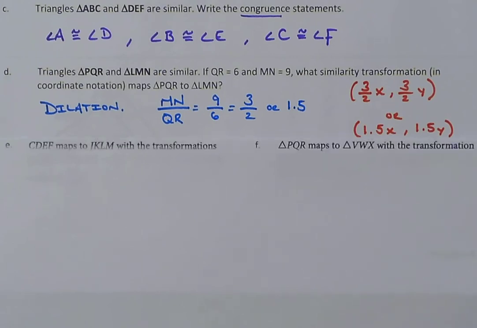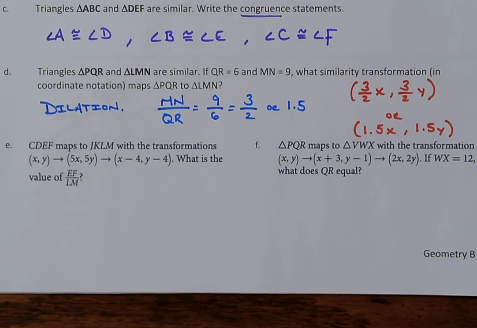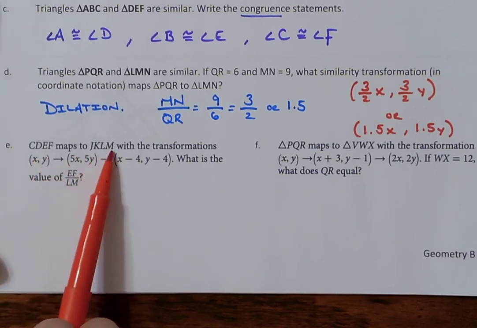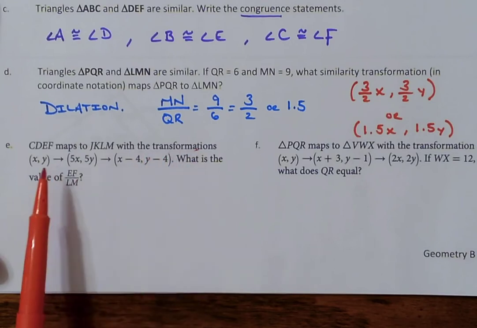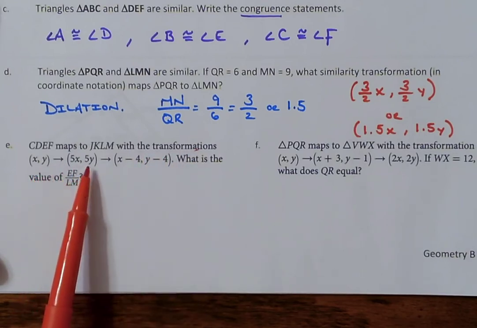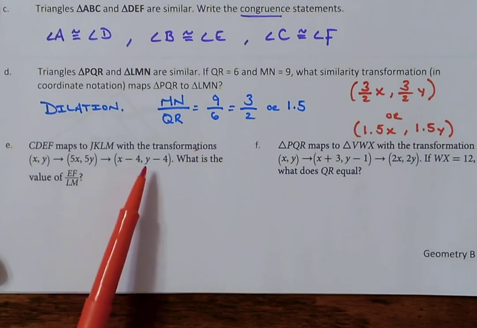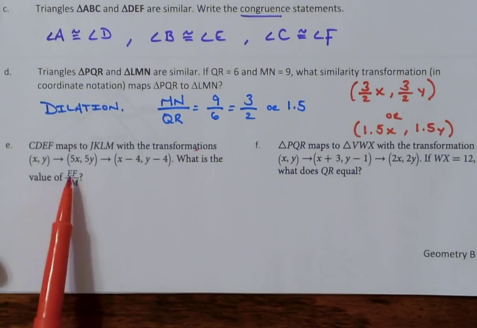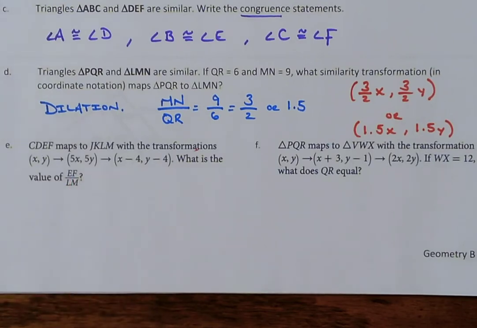All right, the last ones are going to be E and F. Now for E, it talks about CDEF mapping to JKLM with the transformations x comma y goes to 5x comma 5y, then to x minus 4 comma y minus 4. It wants to know the value of EF over LM.